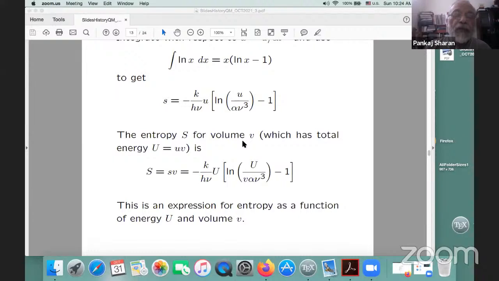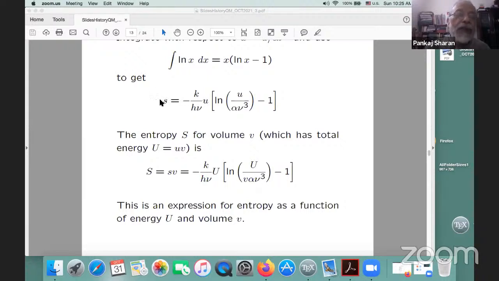And the entropy for volume V, if you multiply it by V as the volume, which has a total energy equal to U equal to small u times V. So remember that small u is energy density. If you multiply it by volume, it will give you the energy contained in volume V. So the entropy for volume V is equal to minus K over H nu times capital U, and inside, if you substitute that capital U divided by volume, log of U upon V alpha nu cube minus 1.